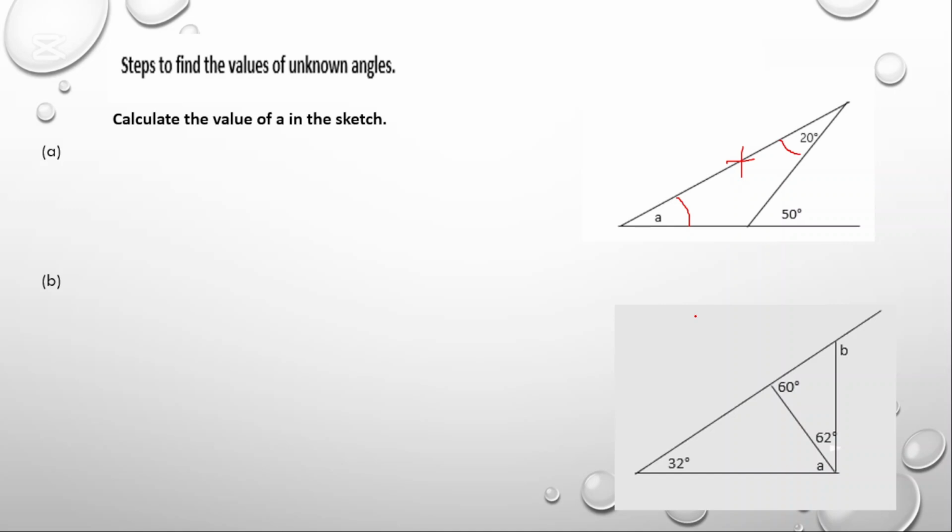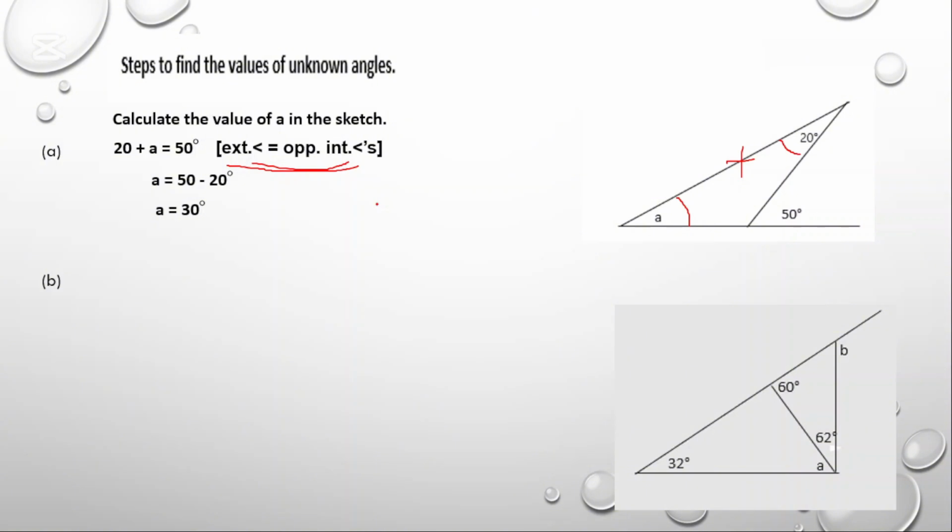Calculate the value of A in the sketch. Right? So we say 20 plus A is equal to 50 degrees, and the reason: exterior angle is equal to the opposite interior angles. In the next step, you will subtract and you will get your answer. A is equal to 30 degrees.